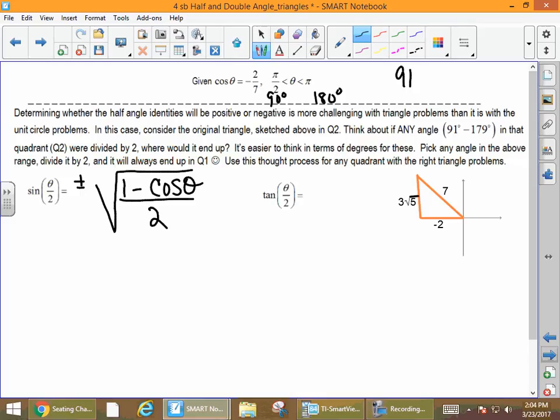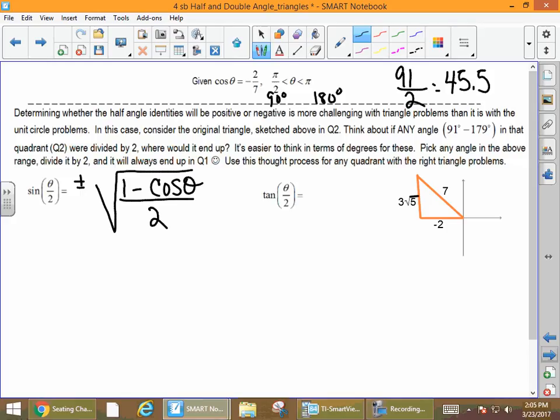That's in our second quadrant. But if we divide 91 by 2, what do we get? We put 45 and a half. What quadrant's 45 and a half in? Quadrant 1.